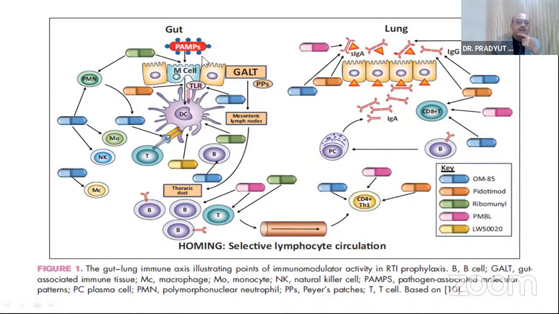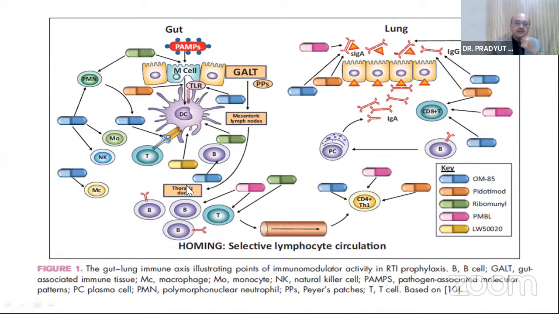The antigen, these are the pathogen associated molecular patterns, which are presenting the antigen to the M cell and then to the dendritic cell. This dendritic cell matures, carries the antigen and presents to the various immune components, including the macrophages, neutrophils, monocytes, and also the B lymphocytes.